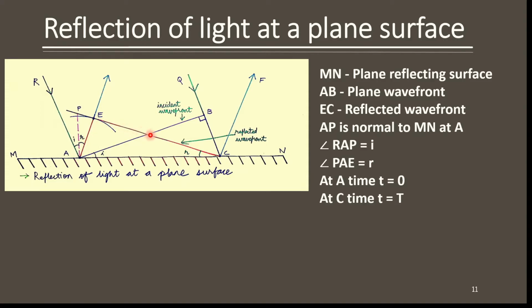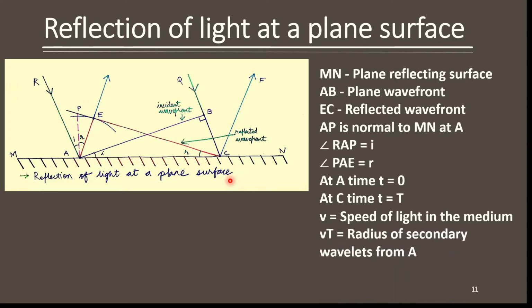And at last, B reaches C. As the incident wavefront from B takes time t to reach C, the distance covered by the incident wavefront is BC, that is Vt, where v is the speed of light. During the same time t, the secondary wavelets from A will cover the same distance Vt in the same medium.